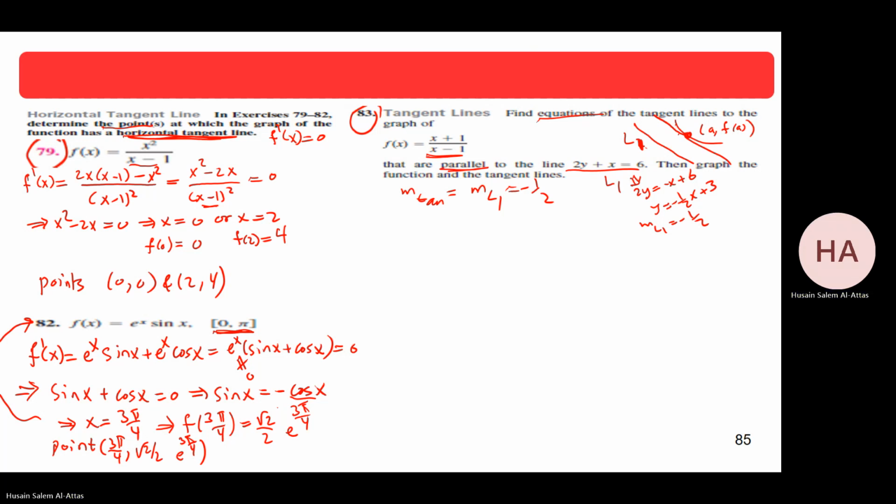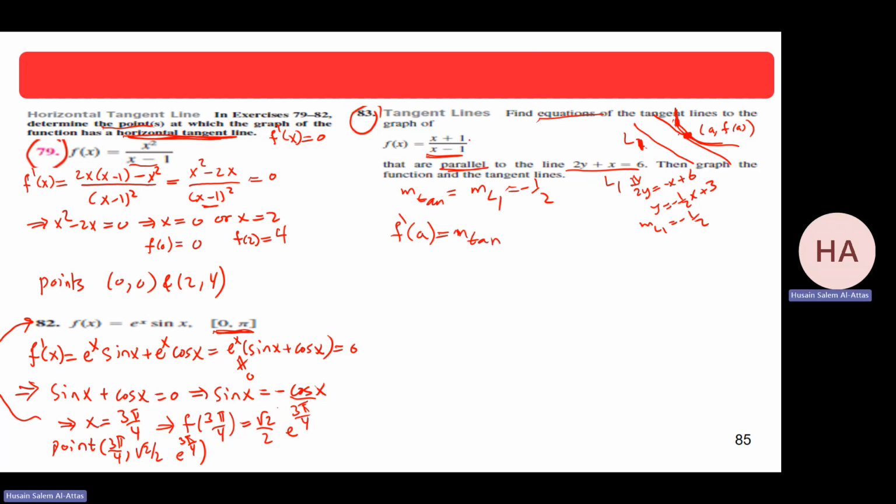You know that f prime at a, which is the point I'm looking for, is in both the curve and the tangent line. F prime at a will be m tangent.